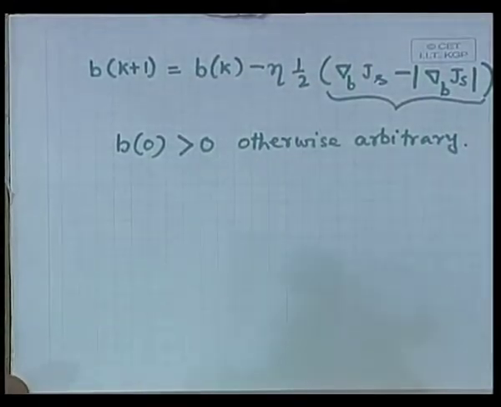Sir, here grad B J s modulus, is it a scalar or vector? Is it the magnitude of the gradient vector? It is the magnitude of every component of the gradient vector.